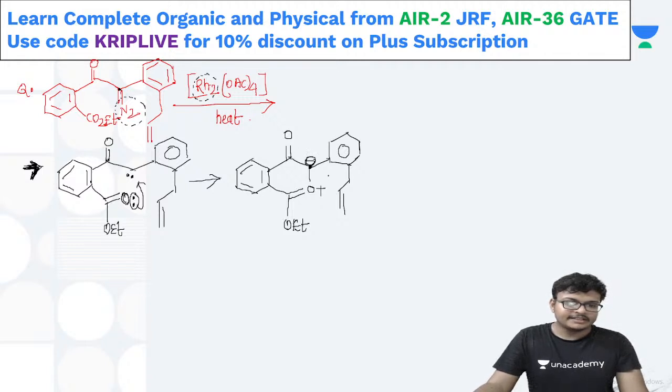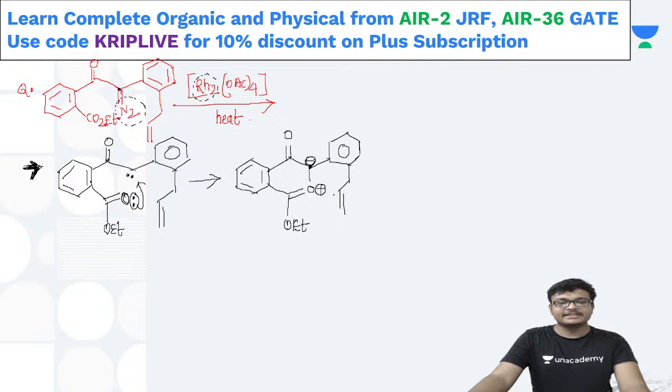So whenever the negative charge is coming and the positive charge is adjacent to it, there is a double bond. This will be acting as a 1,3 dipole, and this is a double bond, right?